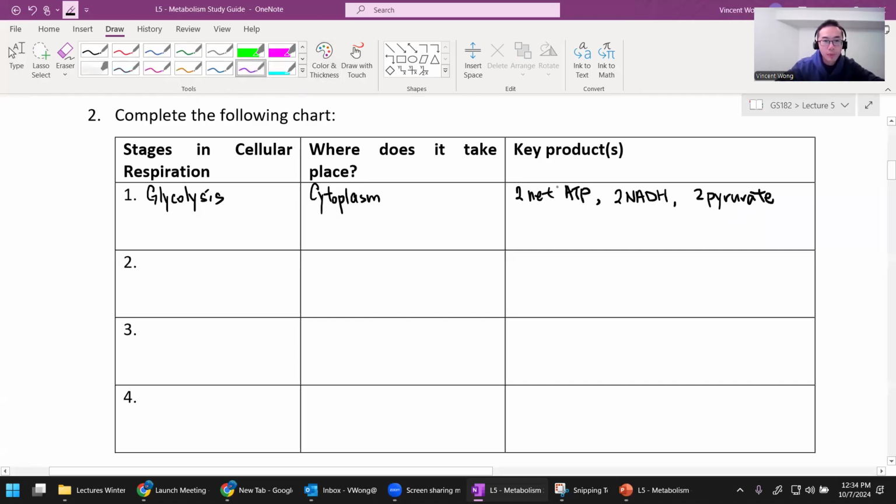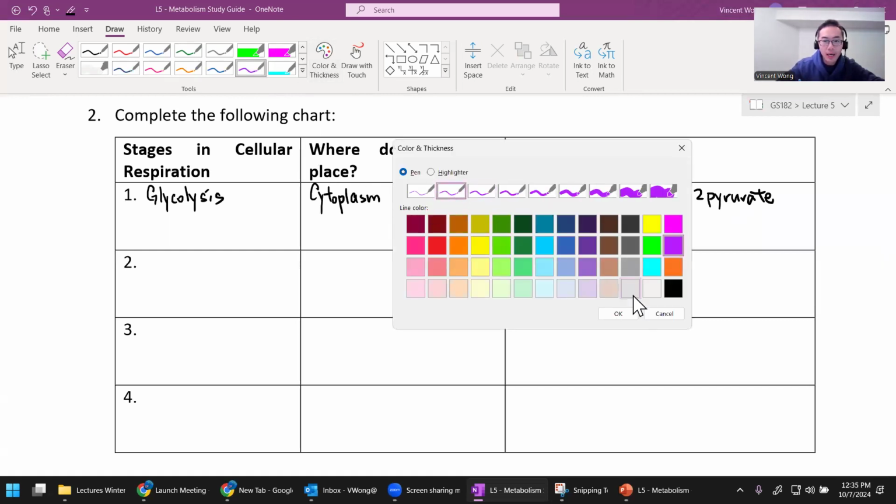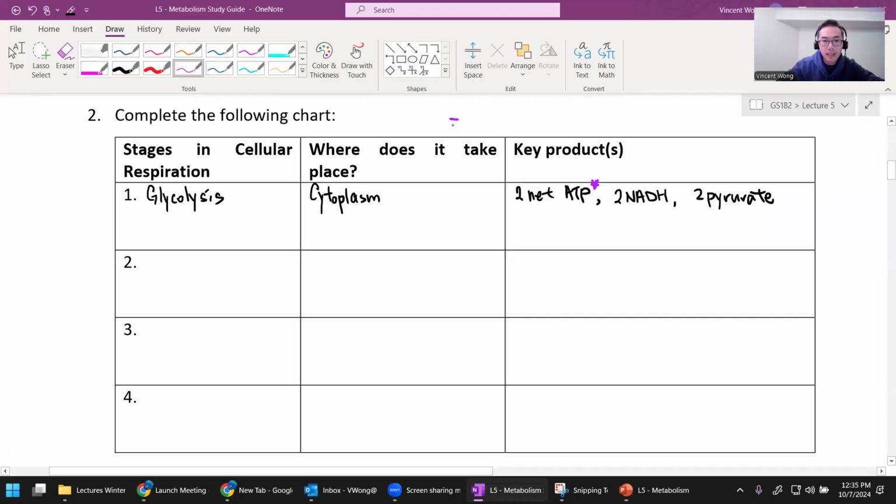So I want to put a star here and remind you that these ATPs are produced by substrate level phosphorylation.